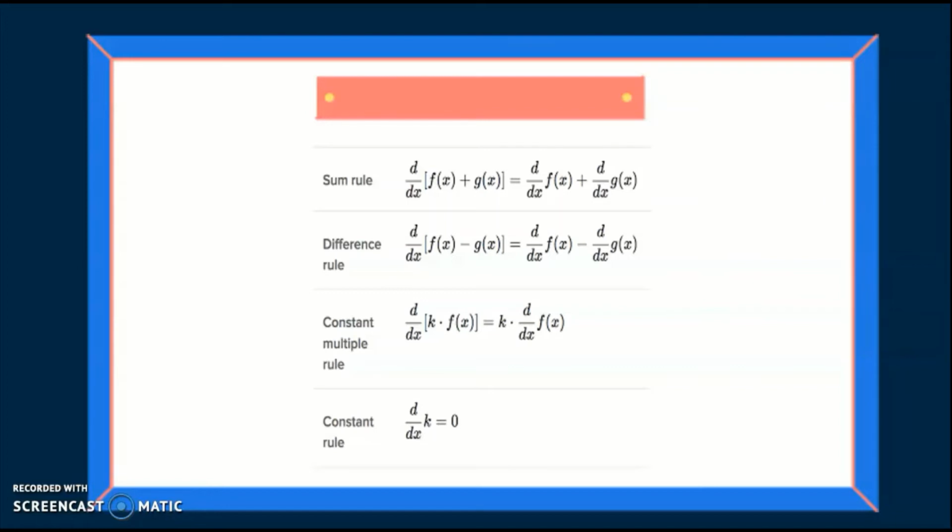And third is the constant multiple rule, which is k multiplied by d/dx f(x). And the last one is the constant rule, which is d/dx of k equal to 0.